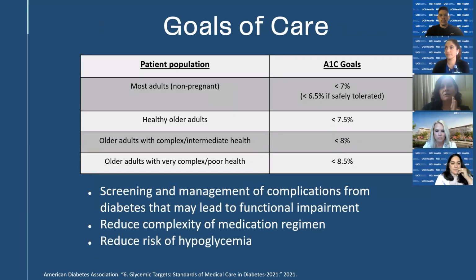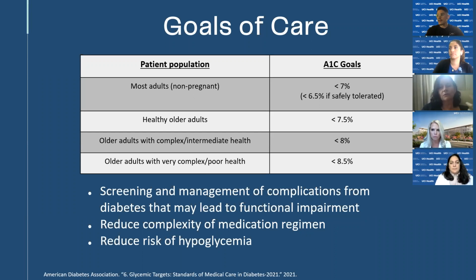So goals of care. Here's a table for A1C goals. Obviously, these are less stringent than they would be for a younger adult. In our clinic, most of our older adults are very old, so most of them are managed in the A1C range of 8 to 8.5, and sometimes even higher.